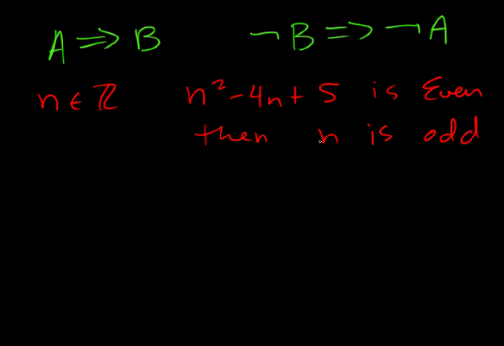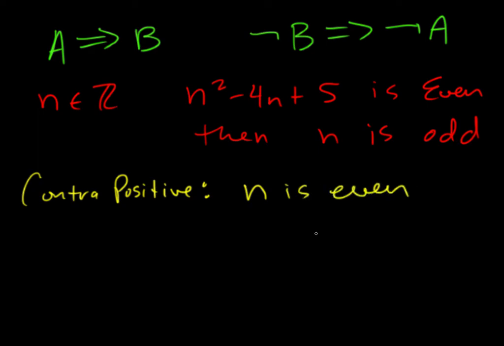Okay, so the contrapositive is going to be n is even, then, I guess if n is even, then n squared minus 4n plus 5 is odd.